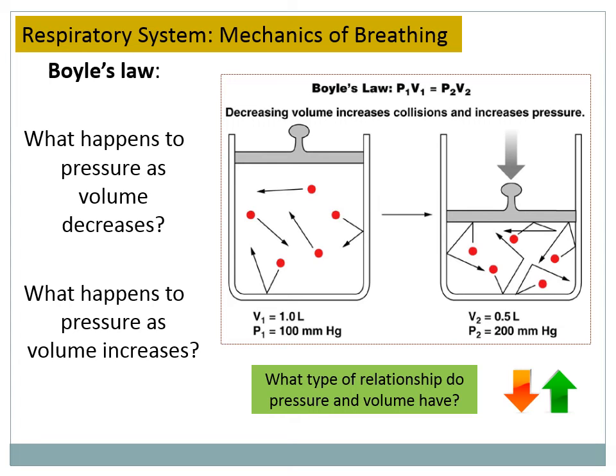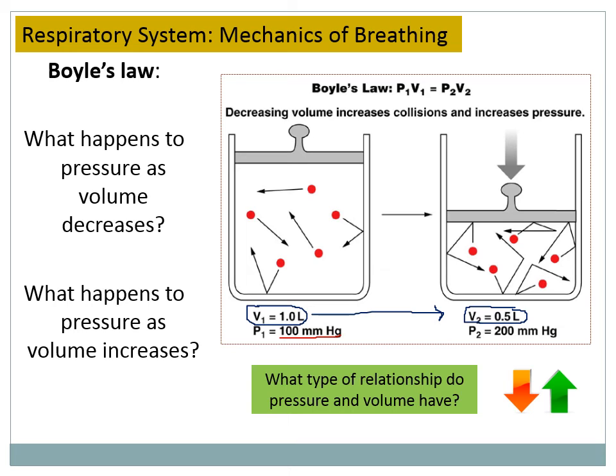So the first question asks, what happens to pressure as volume decreases? So we're going to take a look at that first here. We see volume here is 1 liter, and we're going to bring the volume down to 0.5 liters. Looking at what happens to pressure as we decrease the volume, we can see that initially pressure is at 100 millimeters of mercury.